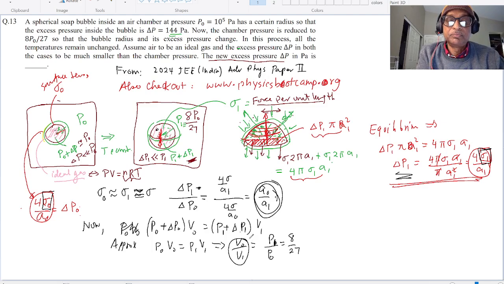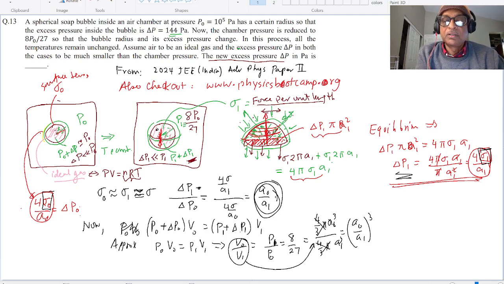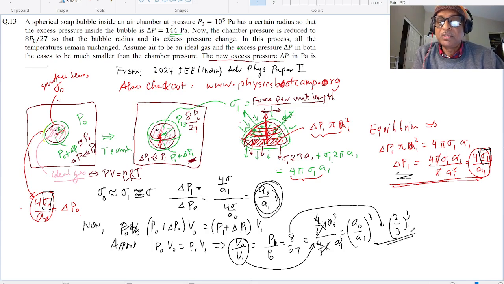The volume I can also write as 4/3 pi a0 cubed and 4/3 pi a1 cubed. So the 4/3 cancels out, and this is a0 over a1 cubed, but this one is 2 over 3 cubed. So this tells me a0 over a1 is 2/3. So that tells me a1 is 3/2 a0.